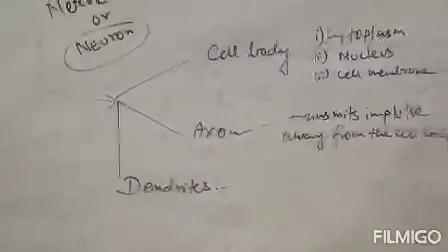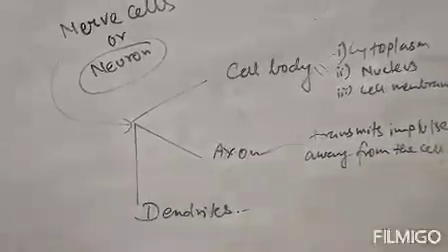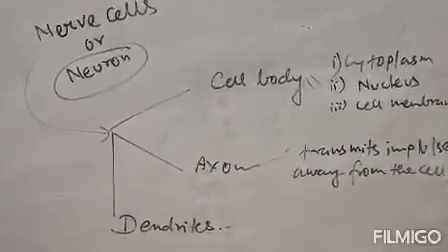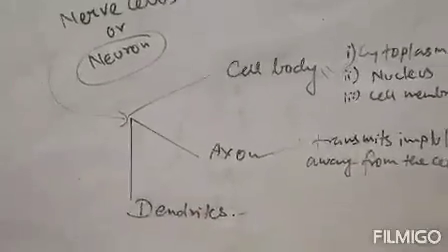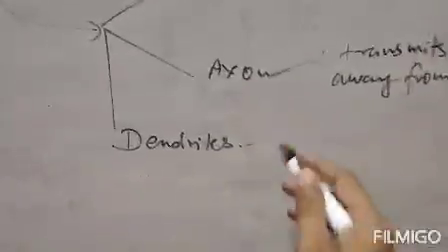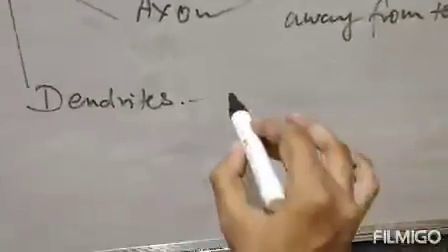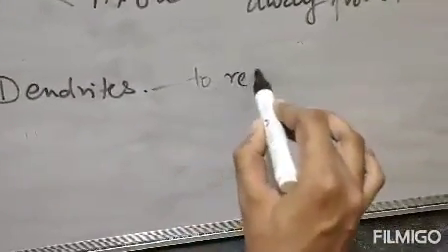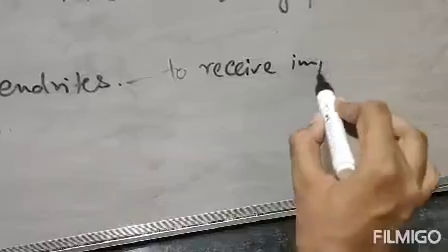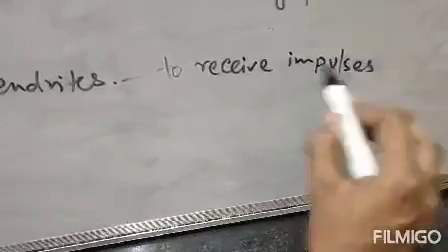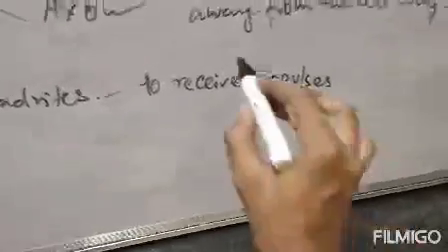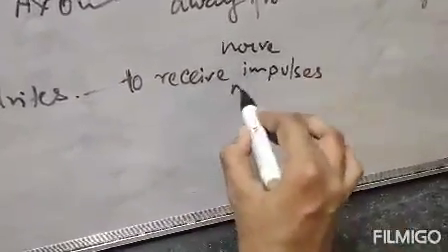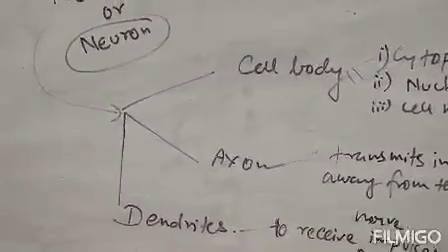The dendrites, also called dendron, receive the nerve impulses transmitted by the axon.